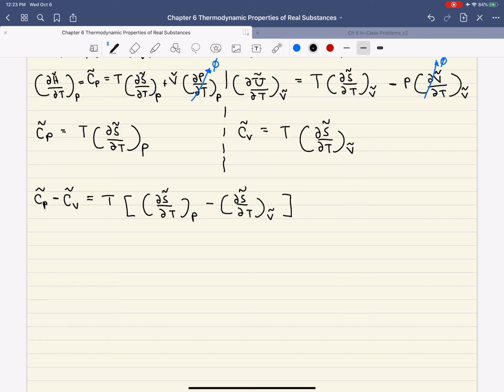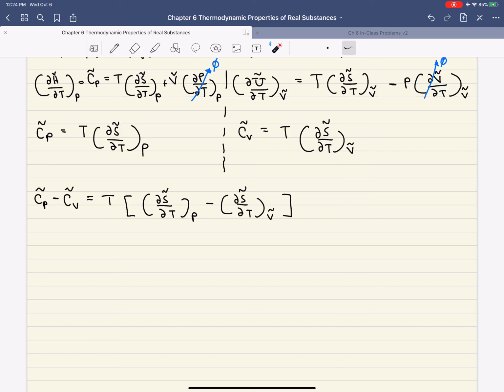But the problem statement didn't ask for a function of entropy. It asked for something that's a function of pressure, volume, and temperature. Right? So that means we need to rewrite these even more in order to get them only in terms of pressure, volume, and temperature. Okay? All right, so if we take a look at these partial derivatives, we can inspect their form.